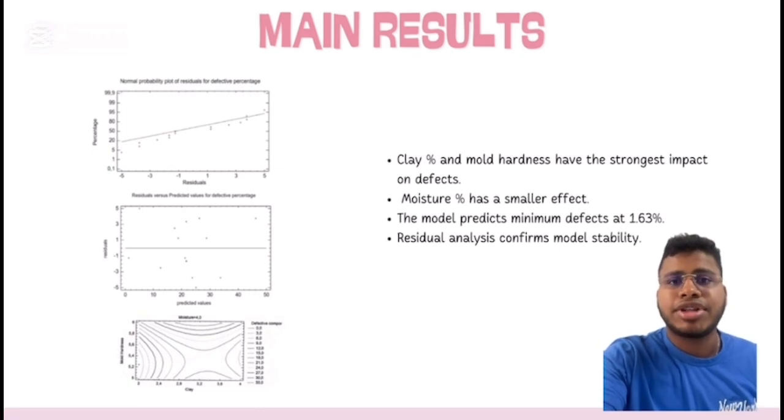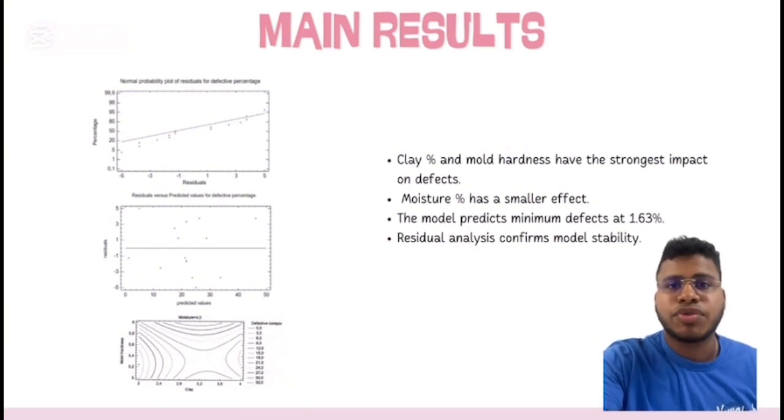The researcher evaluated how the variables interacted with each other. The response surface graph showed that the clay percentage and mold hardness had the greatest effect on the production of defects. When these two variables were adjusted properly, the defect rate decreased significantly.